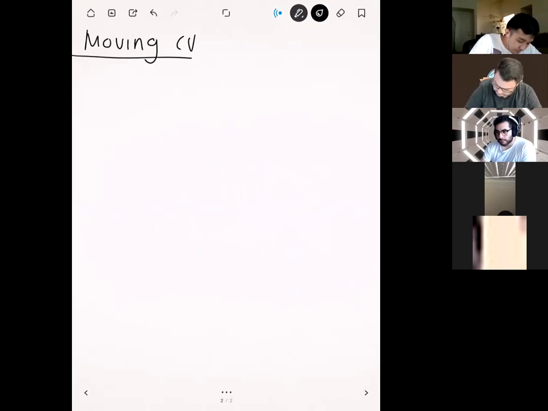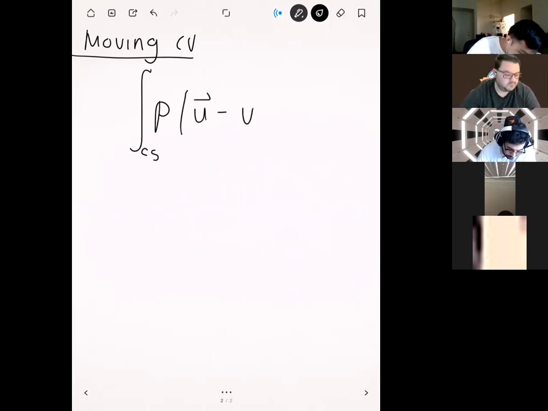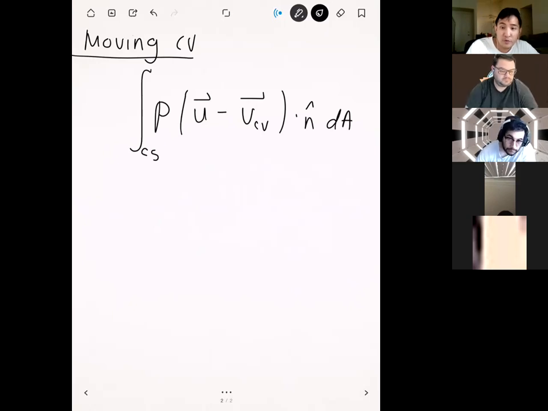Remember, for moving control volumes, in the inflow outflow term, we had something that looks like this. So this is basically our inflow outflow term from Reynolds transport with the adjustment for moving control volumes.